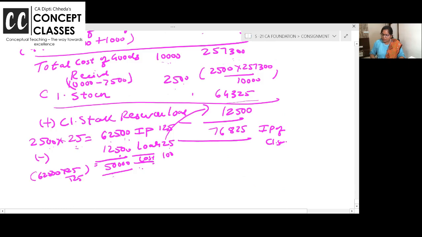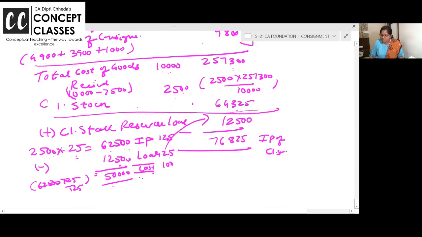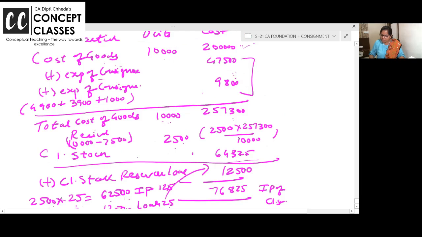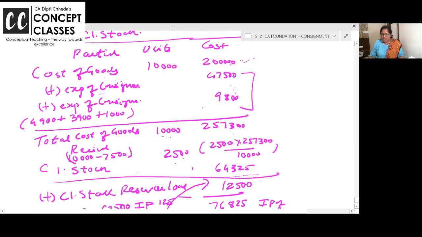Now, this cost of the goods is 64,325, but we don't want the closing stock at cost. We want it at invoice price and we want to reverse the loading. So now, what is loading? Cost of the goods, 10,000 units, 2 lakh.